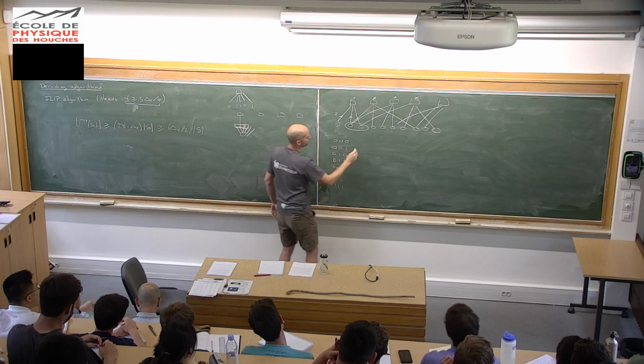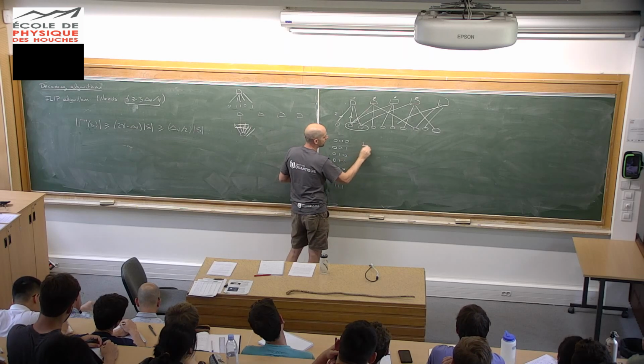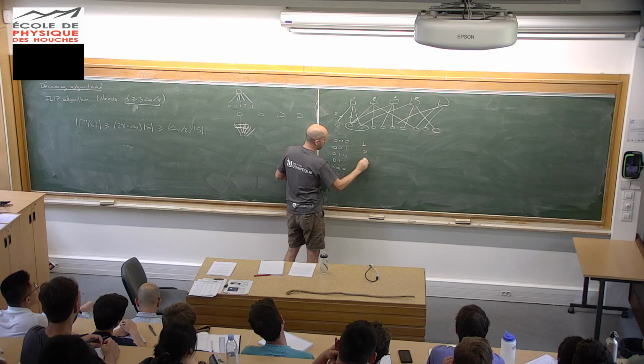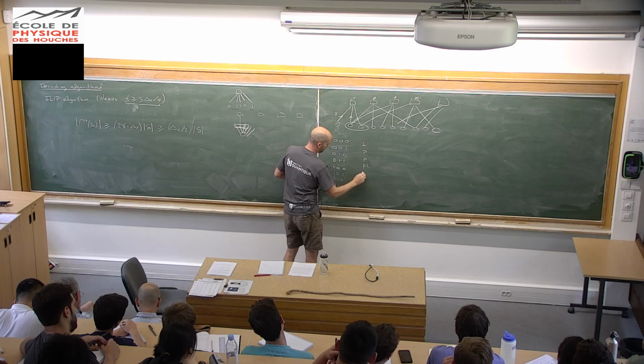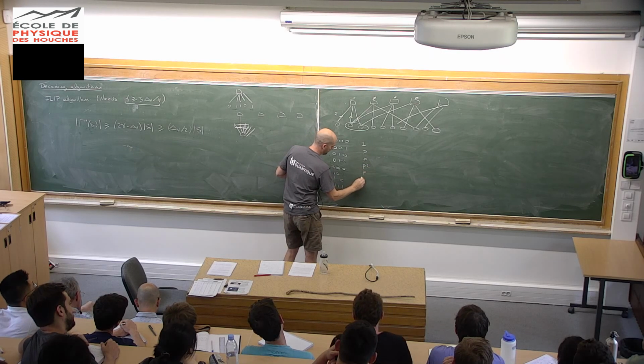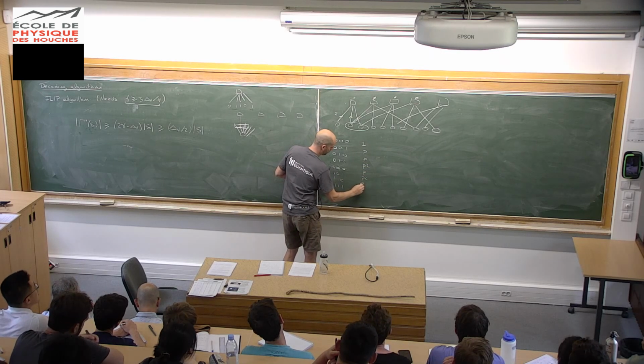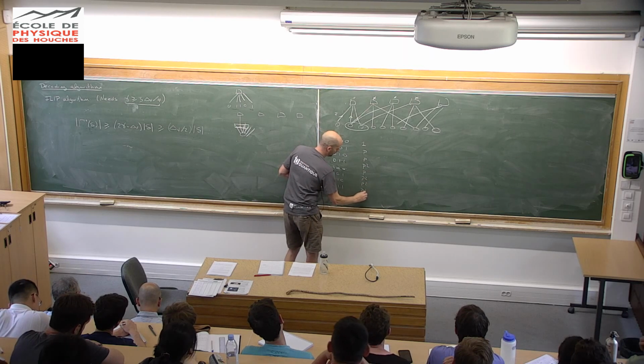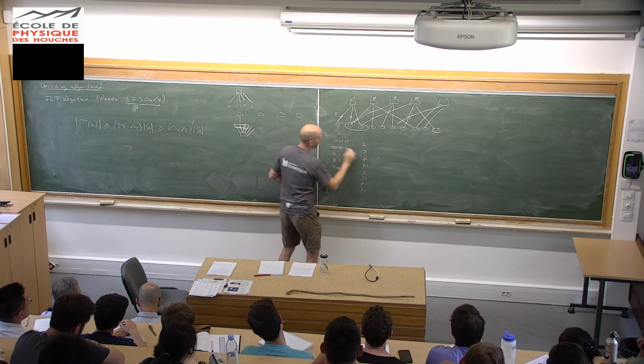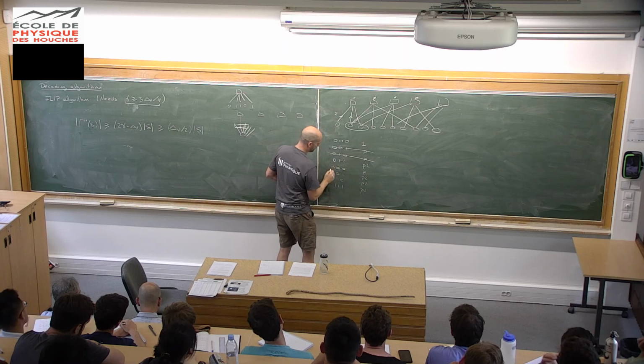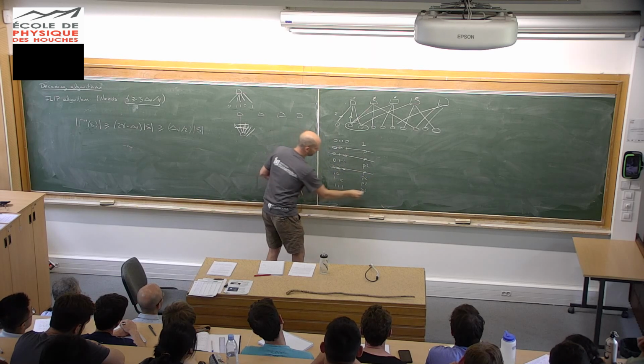This one occurs with probability, let's just keep the order, order 1. This is going to be P squared, P squared, P squared, P cubed. These are not consistent with the observed syndrome.